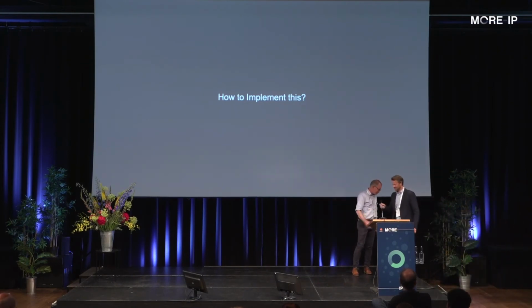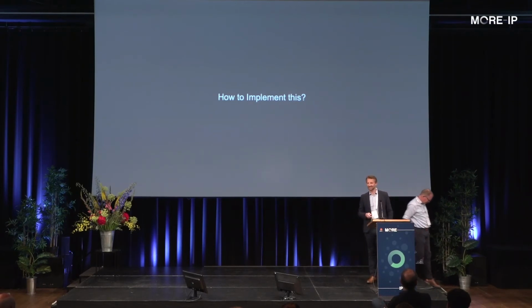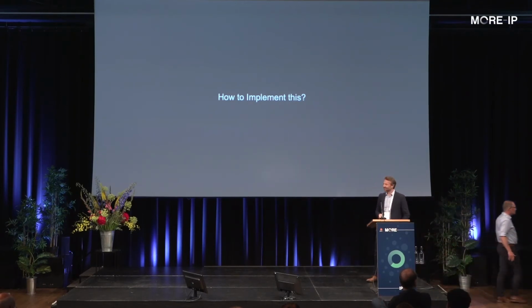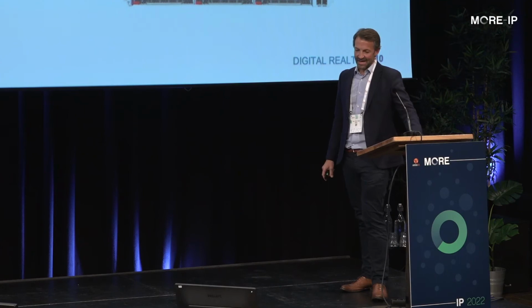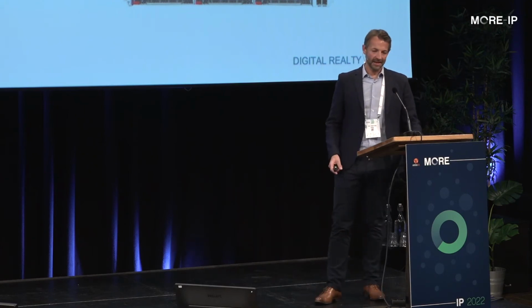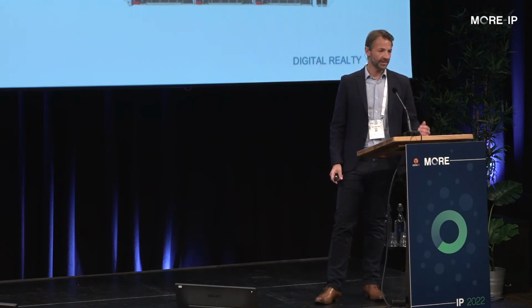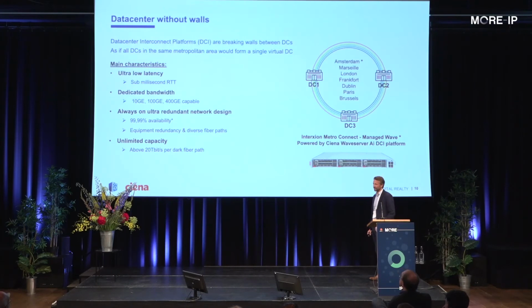Thank you, Wilfried. All right, so let's move now to the network, because I guess it's pretty important to talk about the network. As Wilfried pointed out, connectivity has never been so important. As of today, connectivity already exists between data centers in the same metropolitan areas.